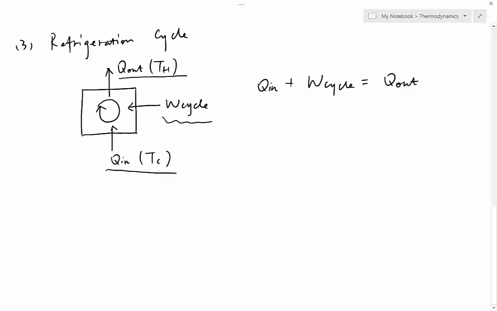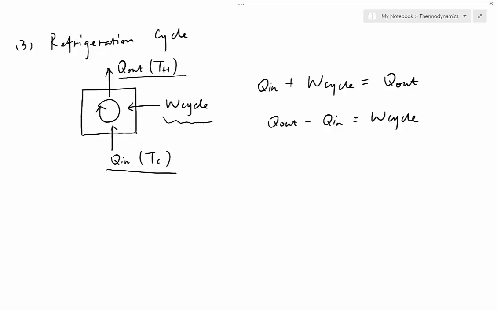And then what you can do is move all the Q's together. Oh, no. It's going to be Q out minus Q in, and that's going to be W cycle. Okay, so that's the energy balance for the refrigeration cycle.